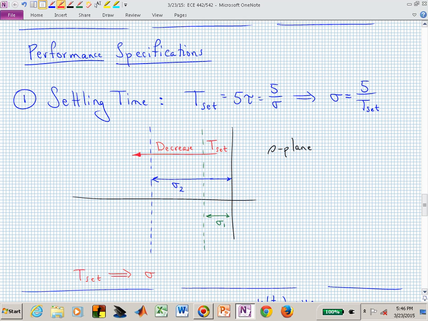You now know that, and if you want to decrease the settling time, you need to make that sigma further off to the left in the S-plane. Settling time then translates into sigma, the horizontal distance into the left half plane. So you can make that connection. You say settling time, now you can see this vertical line in the S-plane sliding off to the left.